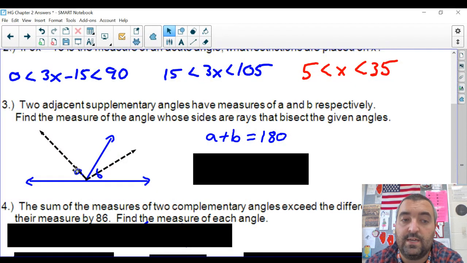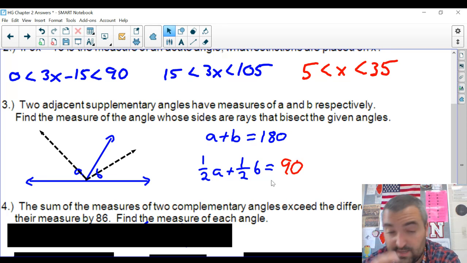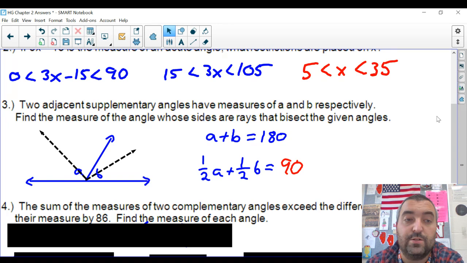We're then taking half of A and half of B, which means we end up taking half of 180, which is 90. So this one's more of a conceptual type question.